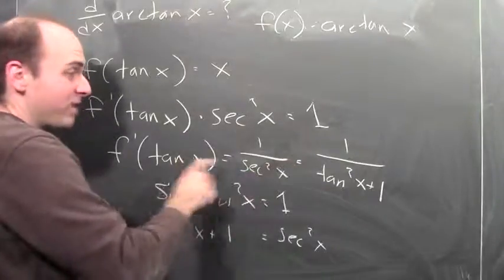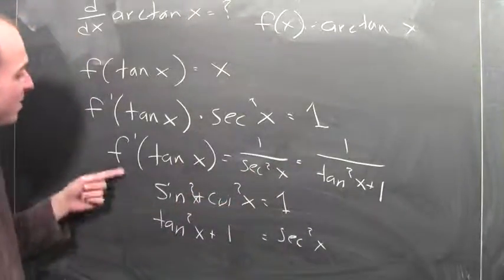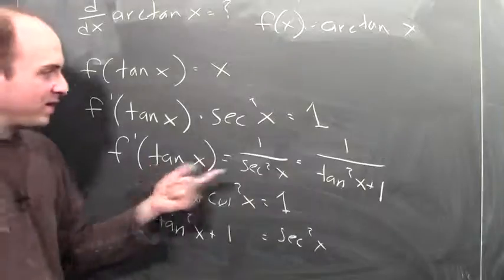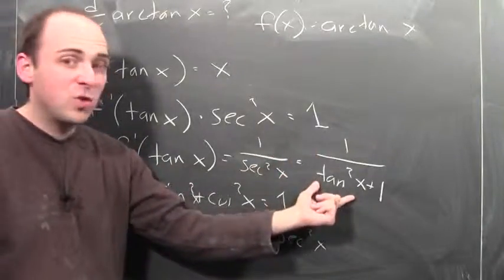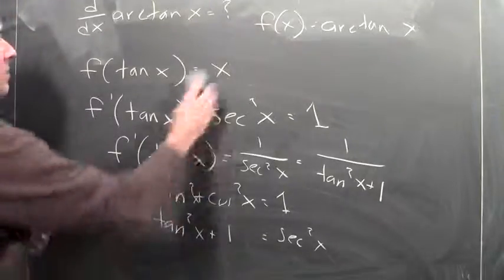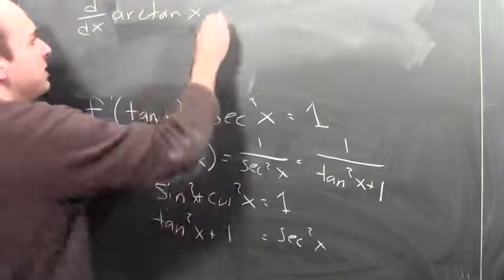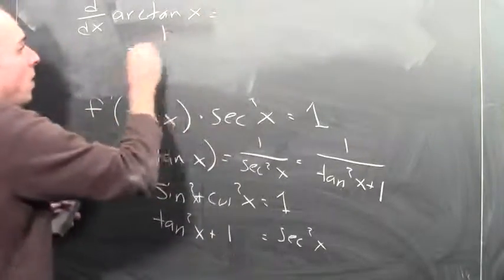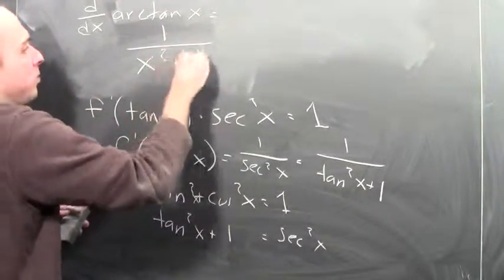So this is a pretty great formula. This is saying that the derivative at something is 1 over that same thing squared plus 1. So a more common way of seeing this written is that the derivative of arctan x is 1 over x squared plus 1.